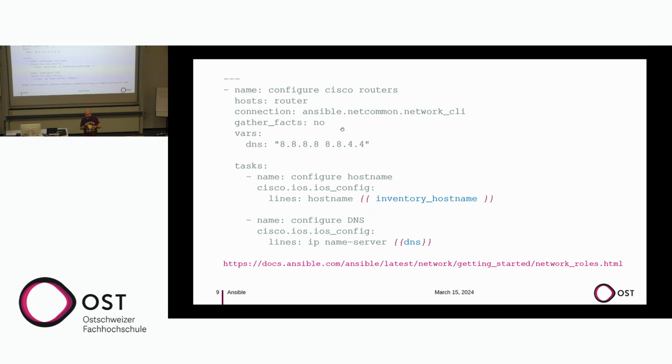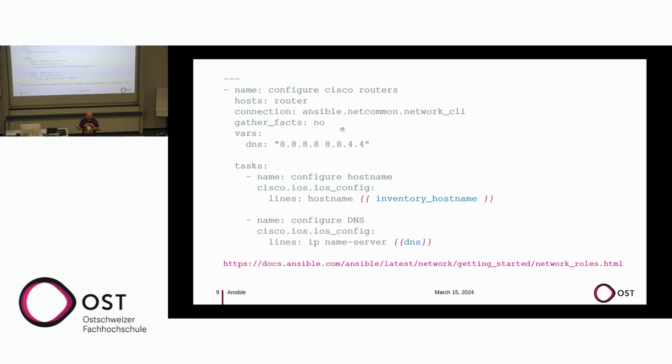The question was how gather facts works with network devices, if I understand correctly. That's a good question. In the older versions, it collected the facts from the local machine because it was executed there. Nowadays, with network_cli, we have to specify the platform. It knows which modules it has to take for gathering facts.